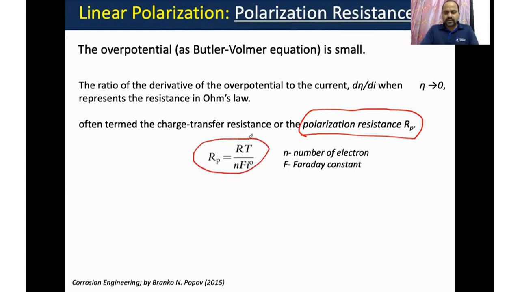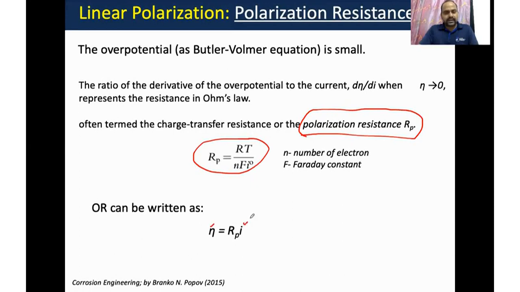Or this RP can also be written as eta equals RP times I. Means if you know the overvoltage and the current flowing through the system, we can calculate the polarization resistance. So now one value, the polarization resistance, is important.